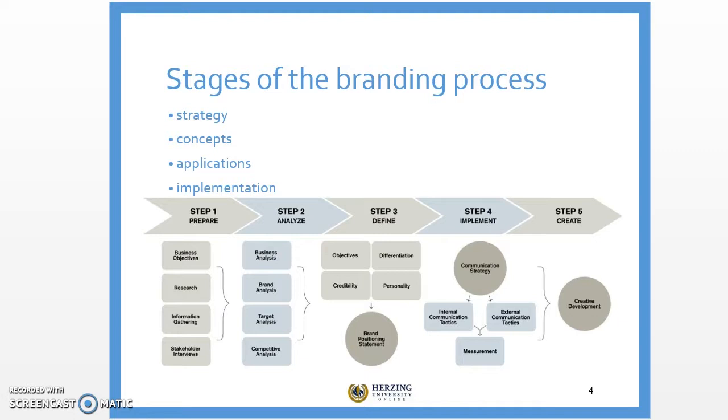Some of these terms can be used interchangeably, but the preparation stage is where you're going to do a lot of your research. You're going to meet with the company and find out more information about them, gather all the information from all the stakeholders, and try to come up with some overall objectives and overall goals in terms of what the brand should look like and what the brand essence should be.